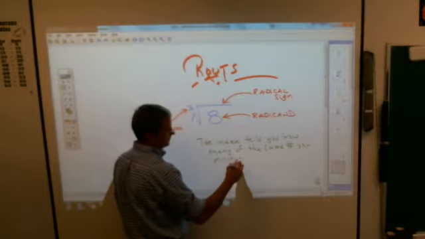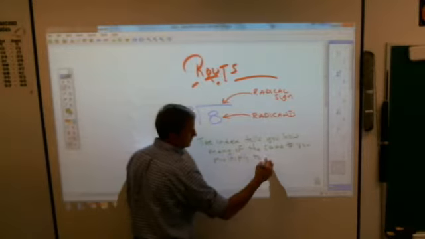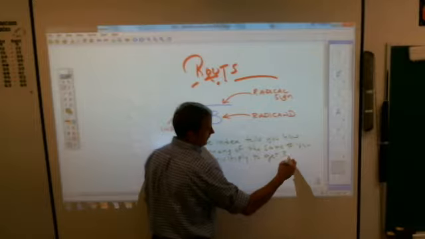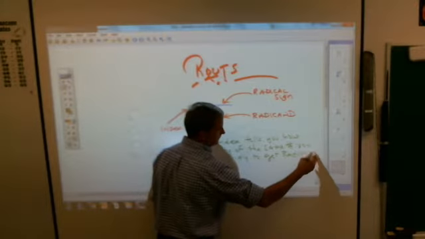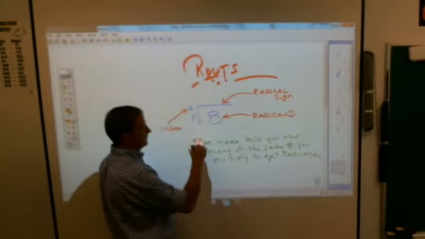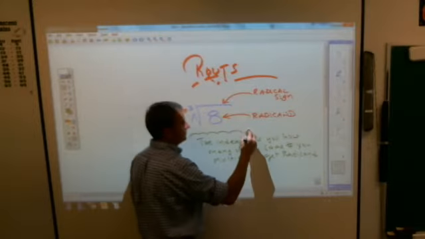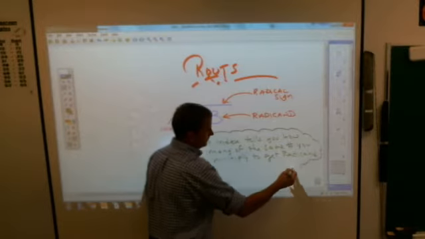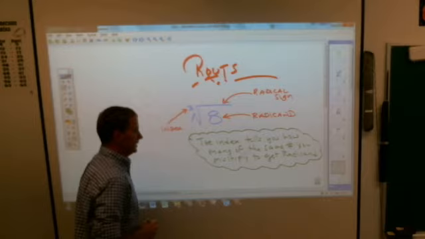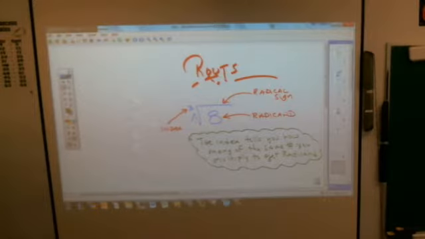Does that make any sense? To get the radicand. The index number tells you how many of the same number you multiply to get the radicand.